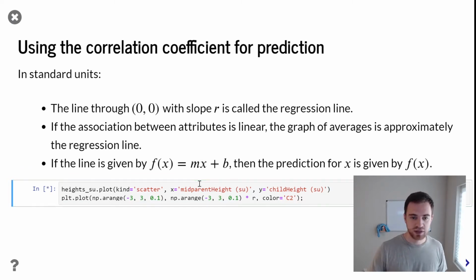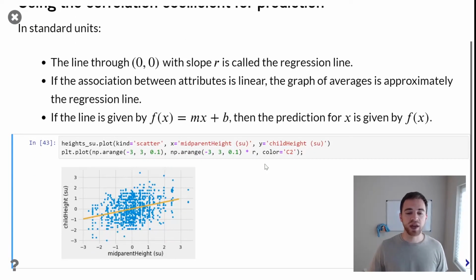So for instance, suppose you tell me that a pair of parents' mid-parent height is 1.5 in standard units. Well, then I go here, I find 1.5, I go up to the gold line, and I figure out what height that is. It's about 0.5. So my prediction is that the child height will be 0.5 standard units above the mean.